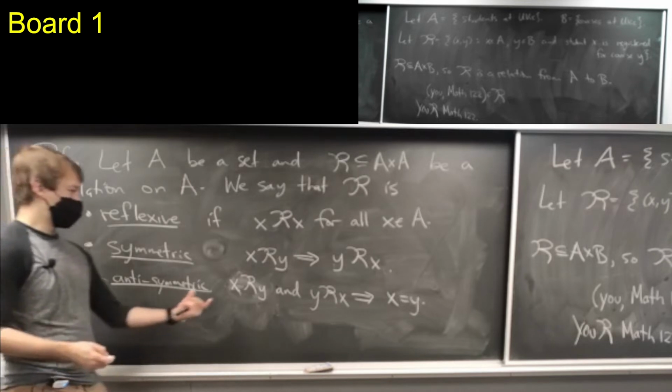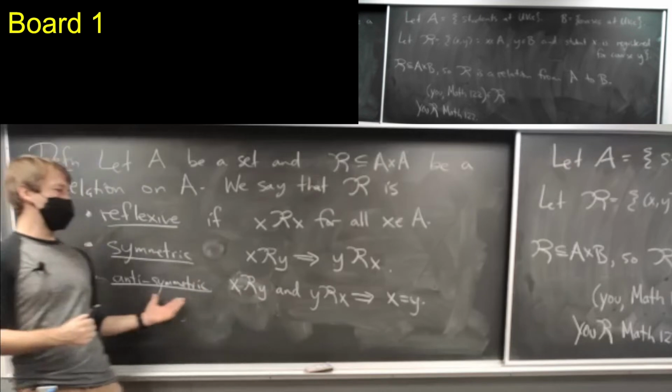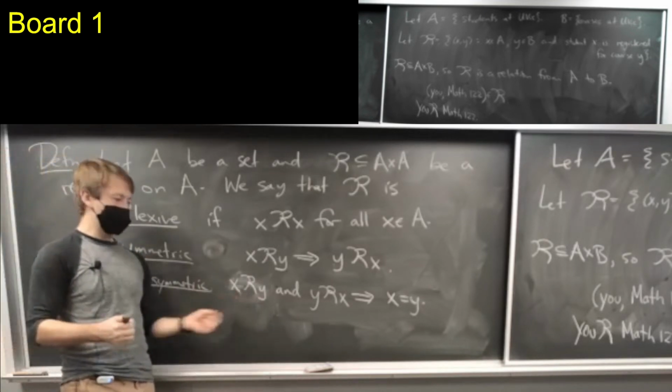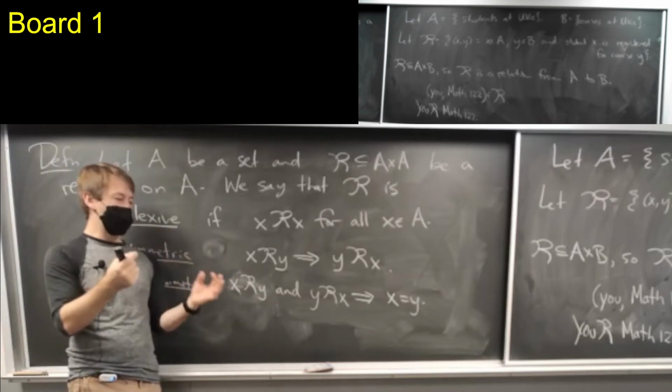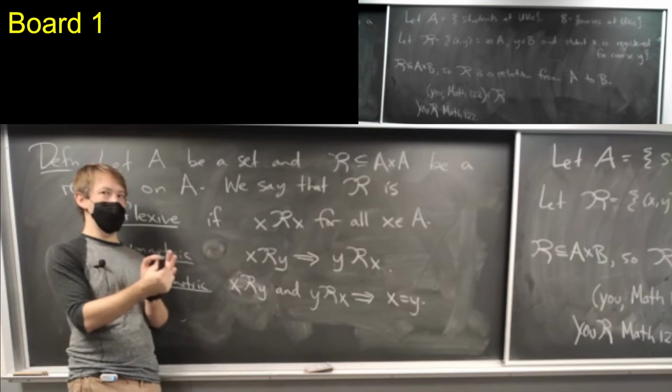It's not quite the opposite of symmetric, but it's kind of like saying if you have some symmetry, that X is related to Y and Y is related to X, that can only happen if they're the same element.